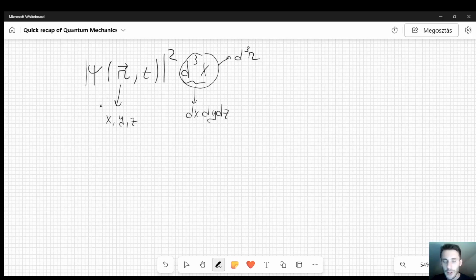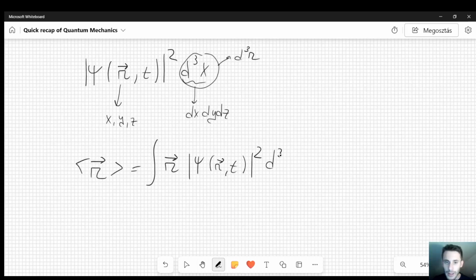Using the mod squared of the wave function, for example, it is possible to calculate averages, and we can say that the average position of the particle can be calculated in this way. We have the vector r, and then we have the mod squared of psi(r,t), mod squared, d3r, or d3x if you want, and this can also be written in another type of notation, for example like this: psi star, which is the complex conjugate of psi, and then we have the operator r acting on the wave function psi, d3r.